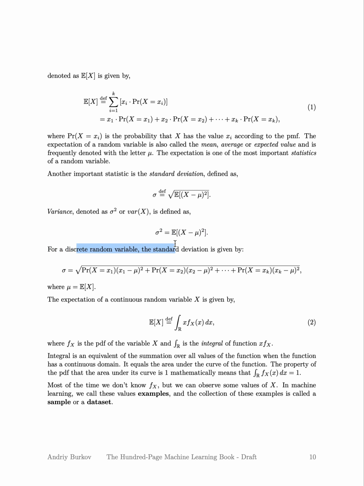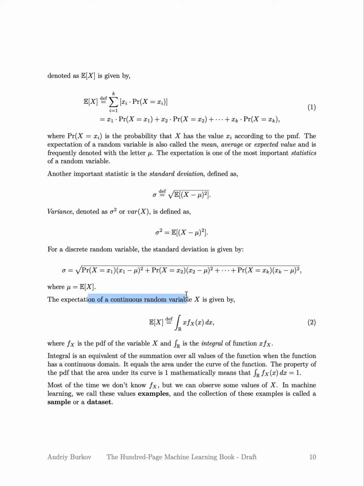So for a discrete random variable, the variance is given by the expectation, which is the probability of x being x1 into x1 minus the mean squared, plus, and so on for every possible outcome, where your mean, the mu sign, is equal to the expectation of x.